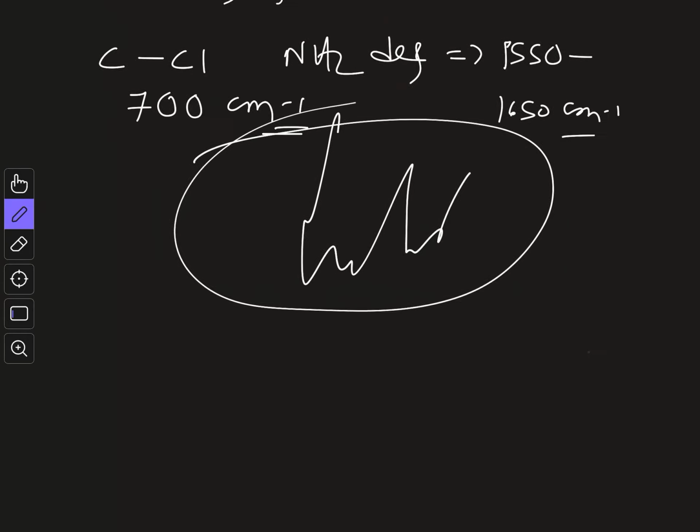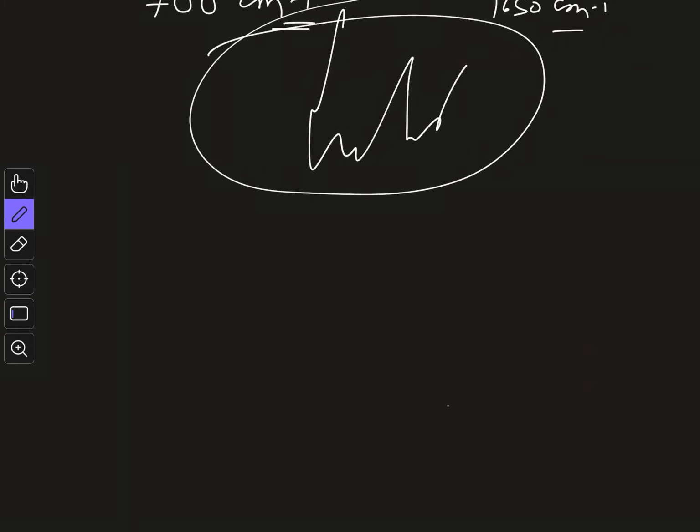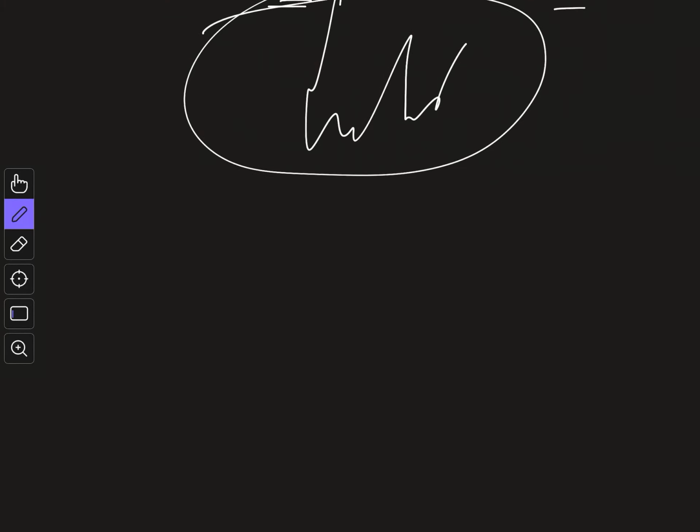Now let us talk about the strength of the frequency, or the intensity of the frequency. We talked about the terms strong and weak. So what is meant by a weak band and what is meant by a strong band?